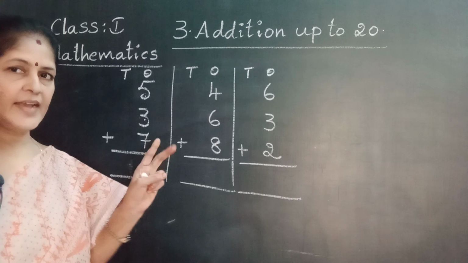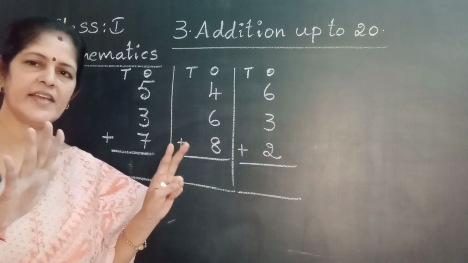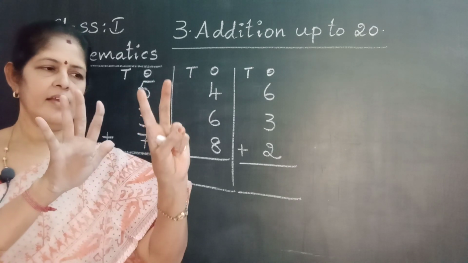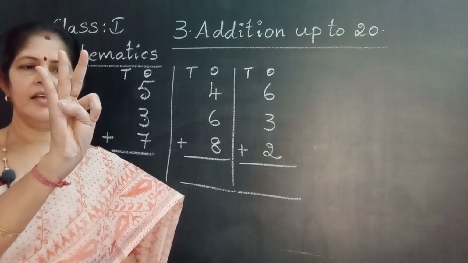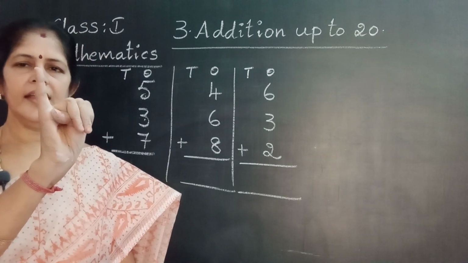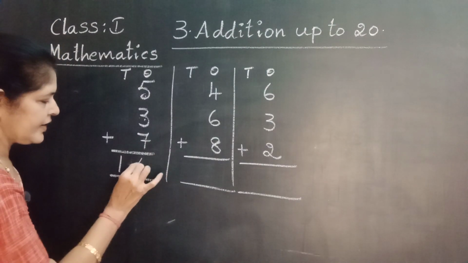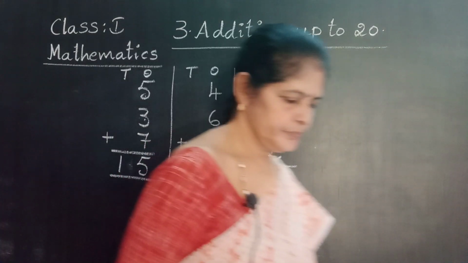Next again take 7 fingers. Continue the addition. What is in the mind, my dear children? 8. Very good. 8 after 9, 10, 11, 12, 13, 14, 15. We get a 2-digit number. 1 ten, 5 ones, 15.